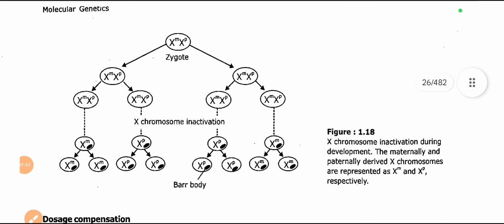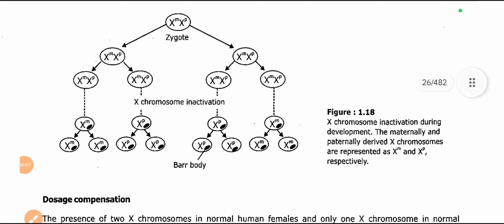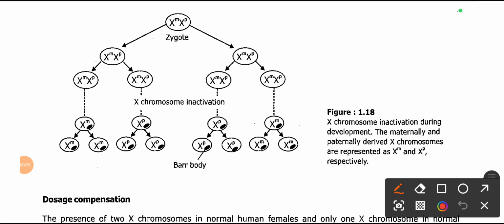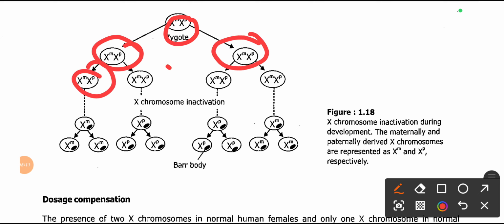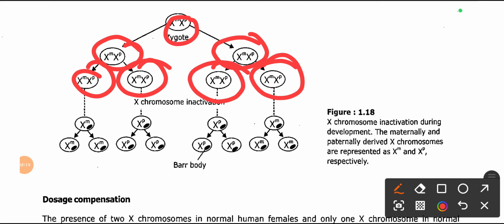Looking at the picture of X chromosome inactivation, the maternally and paternally derived X chromosomes are represented as XM and XP. Further gametes will be formed, and X chromosome inactivation will occur.